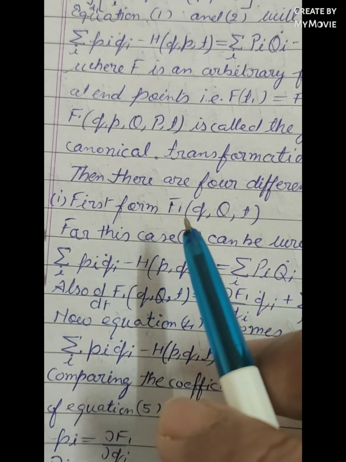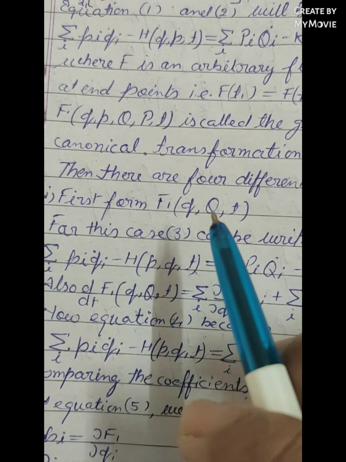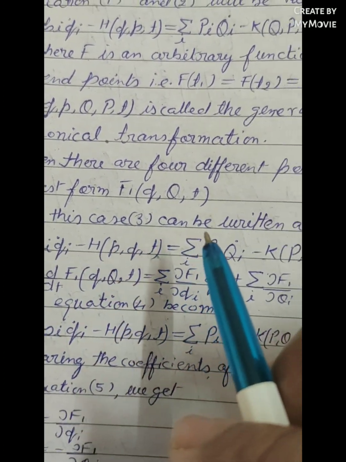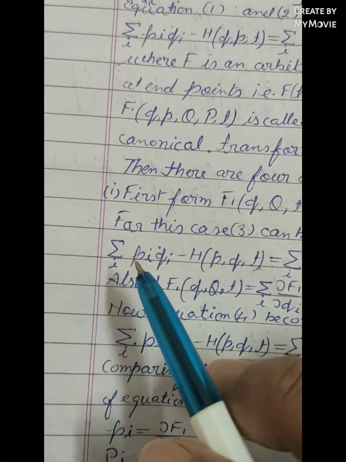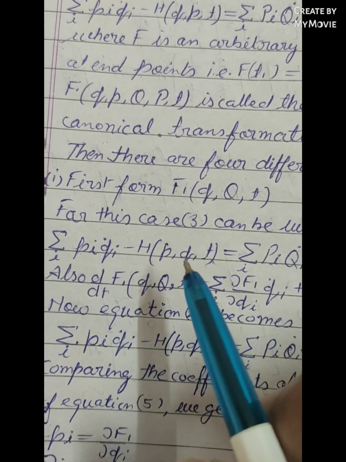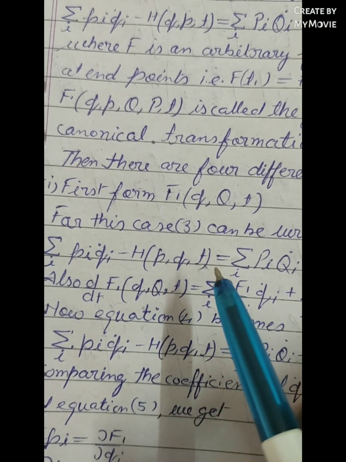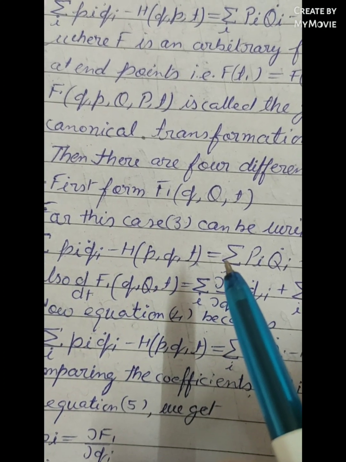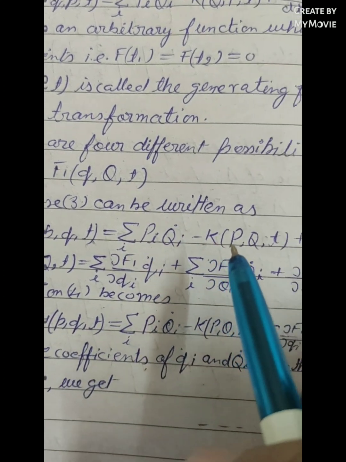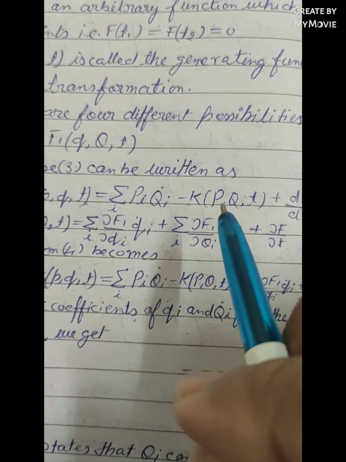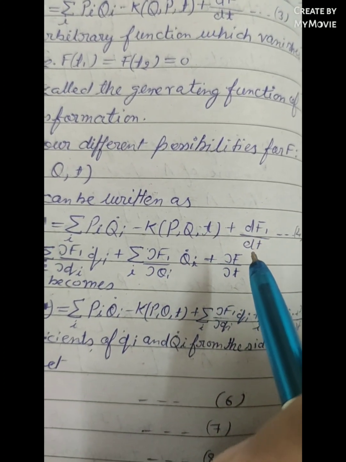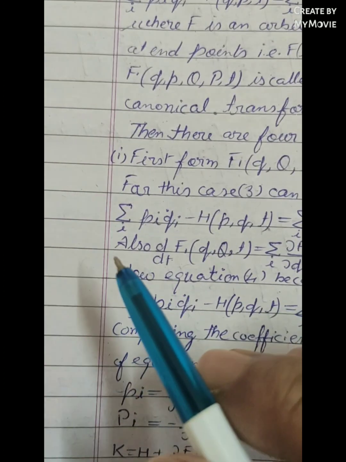Then there are 4 different possibilities of F. First form is F = F1(q, Q, t). For this case, 3 can be written as Σ pi qi dot − H(q, p, t) = Σ Pi Qi dot − K(Q, P, t) + dF1/dt. This is equation 4.